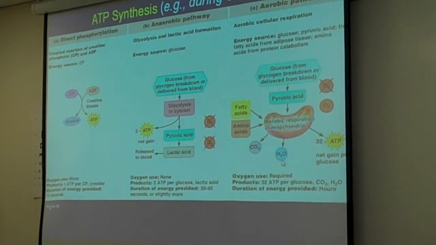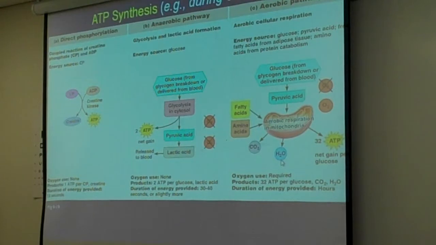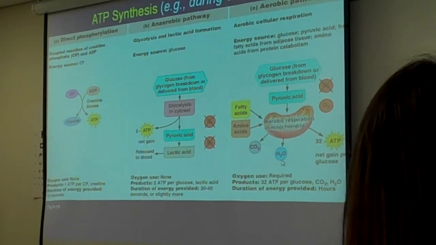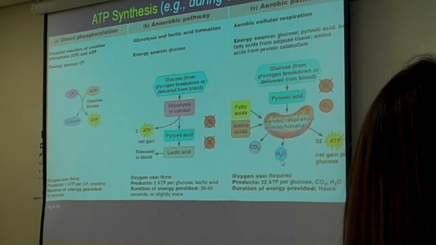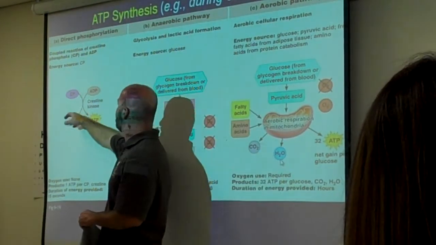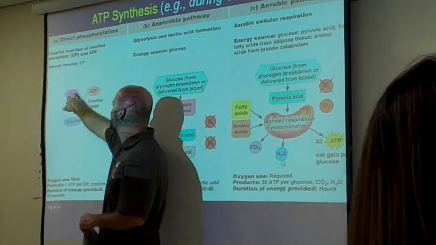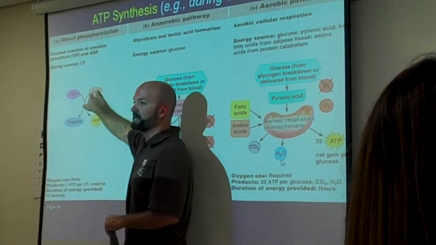Now, of these different fuel sources, which one is easiest to break down, meaning requires the fewest steps, reactions, enzymes? Creatine phosphate. So one step, one enzyme pathway. Creatine kinase takes the high energy phosphate that's currently attached to creatine and puts it on ADP.